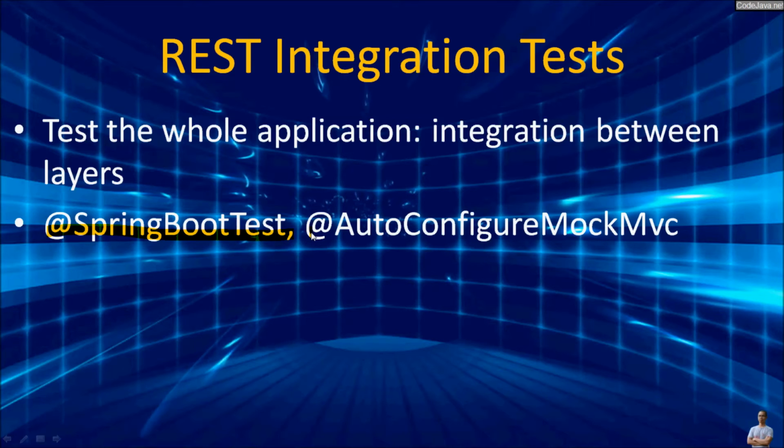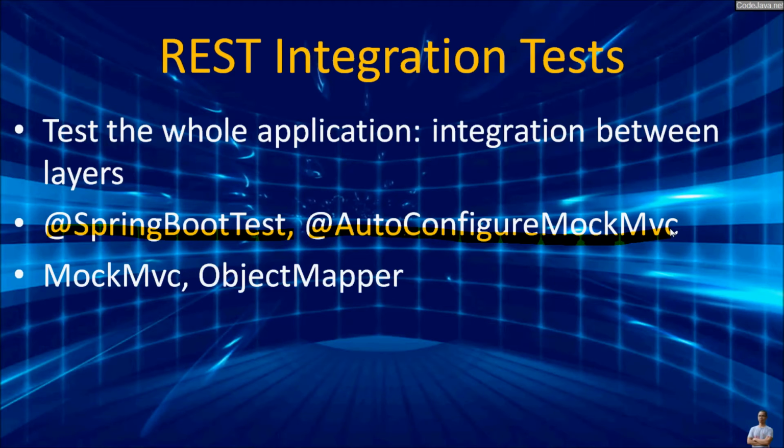And to use a mockMvc object, we need to use the annotation AutoConfigureMockMvc. And we use mockMvc for performing requests and verifying responses, and ObjectMapper to serialize objects to JSON and vice versa. And for the integration test, we test the whole application, so we don't use Mockito anymore.